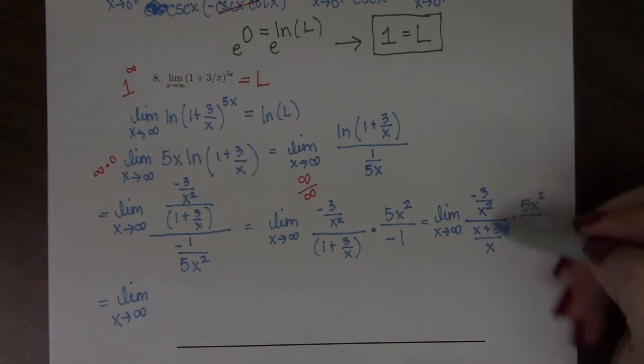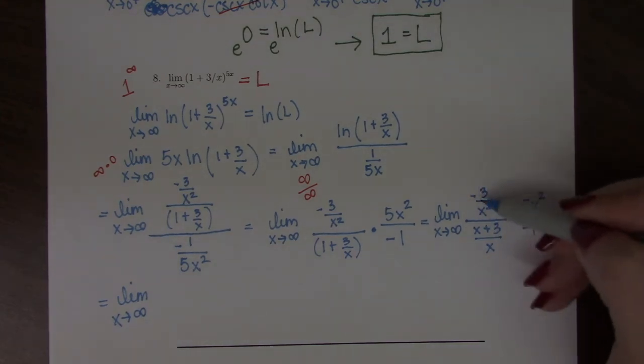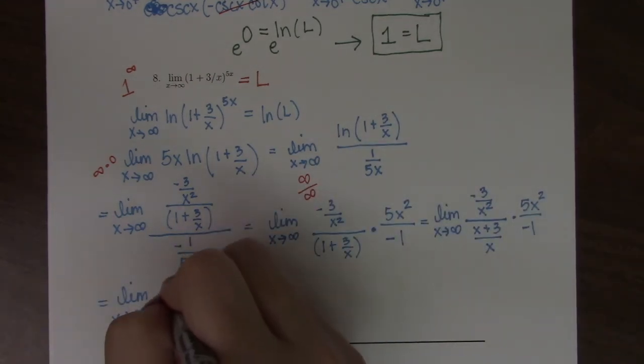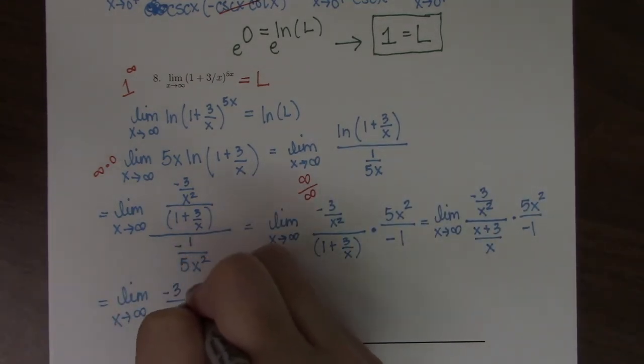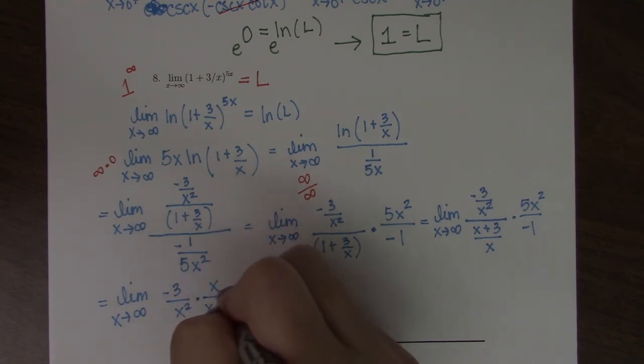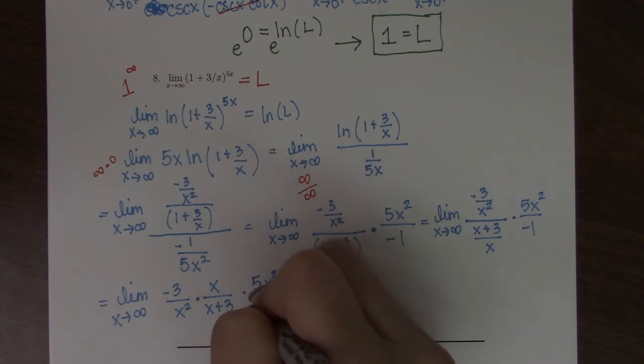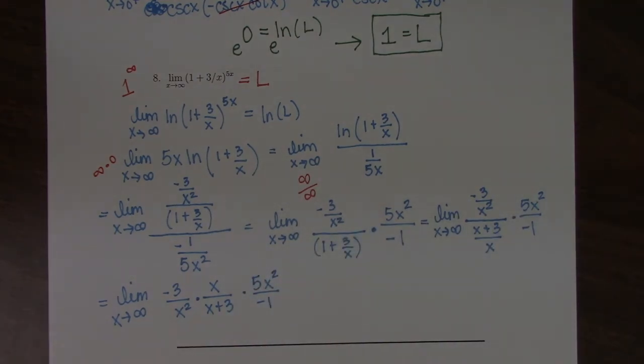So I'm going to deal with these two. I can take this fraction and then multiply by the reciprocal of this fraction. So I get negative 3 over x squared times x over x plus 3, and then we still have our 5x squared over negative 1. So now I can see if I can clean this up just a smidge.